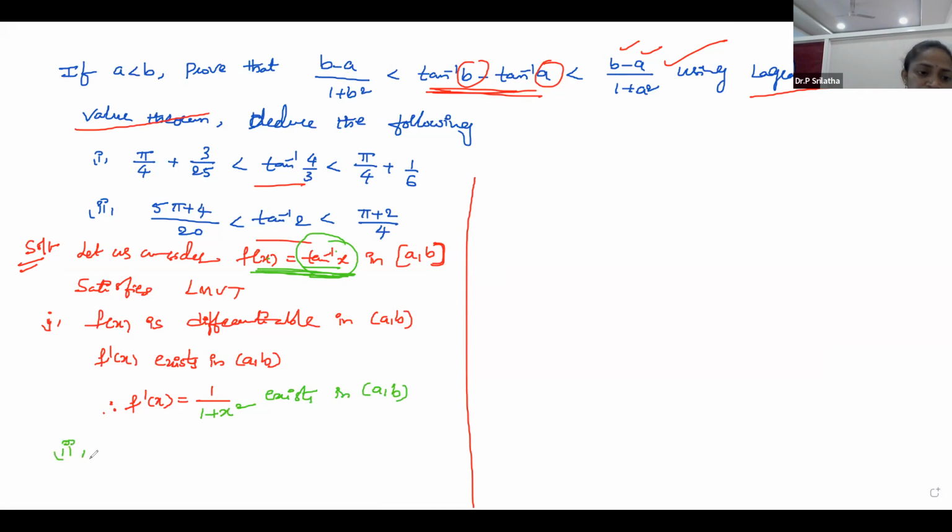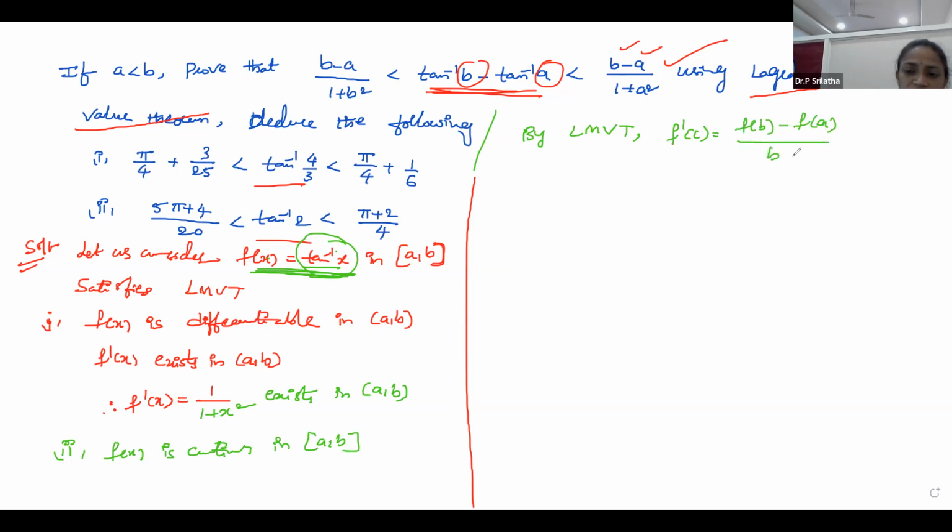So we know the second condition, that is f of x is continuous in closed interval a comma b. Okay, so what is the main formula? By Lagrange's mean value theorem, the formula is f dash of c equal to f of b minus f of a divided by b minus a, isn't it?